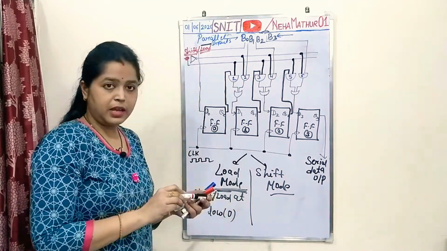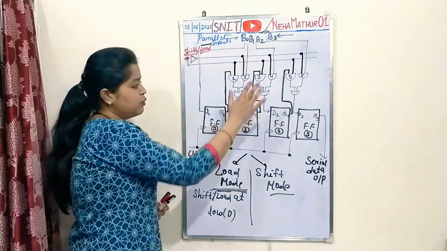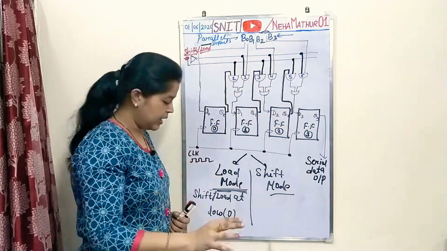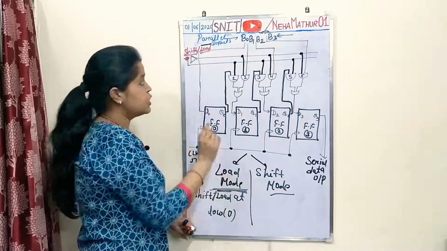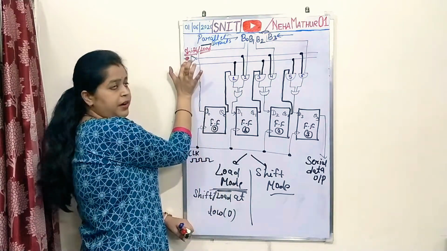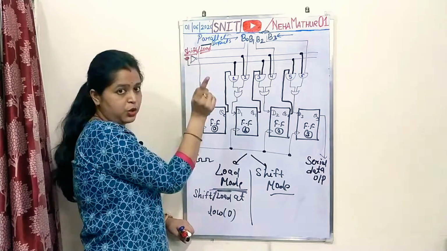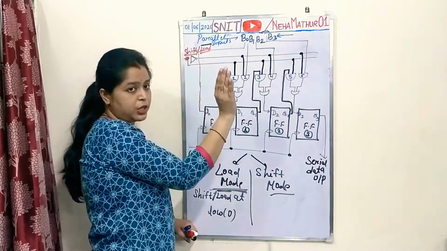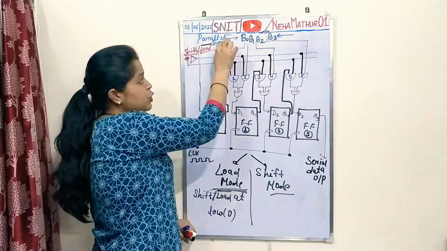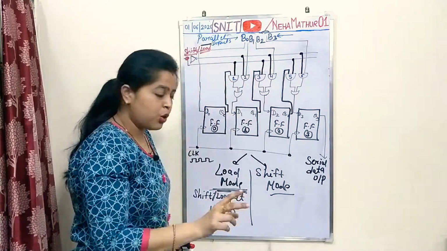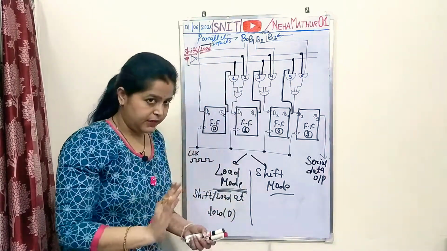What I am saying is that if you want to operate this circuit in load mode, you will have to put 0 over here. If this node is 0, that means shift is 0, but load with complement will become 1. So your load mode is activated.